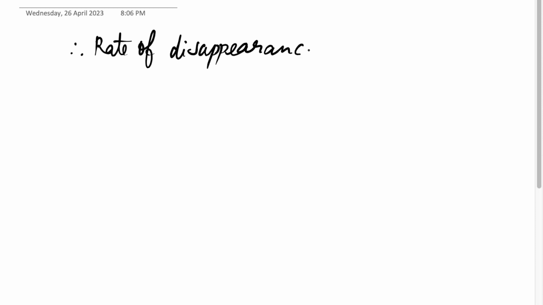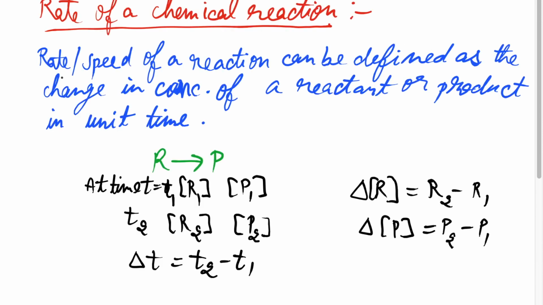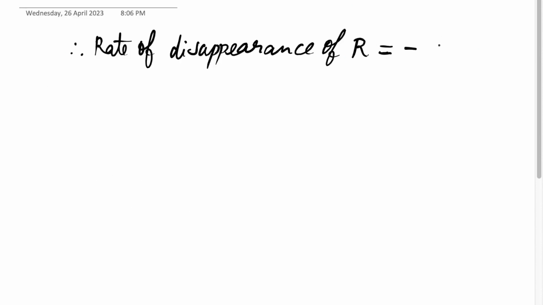Now, therefore, rate of disappearance of reactant R is given by minus delta R by delta T. Because reactant is changing into product, reactant concentration is decreasing, so R1 is greater than R2, that is why we have put the negative sign.